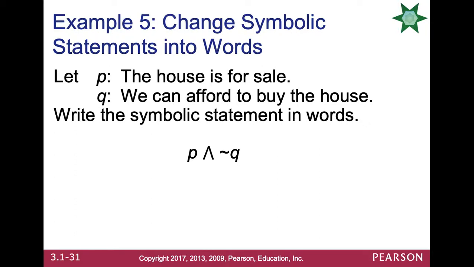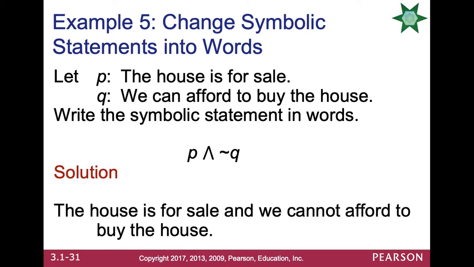So P and not Q. That's written as the house is for sale and we cannot afford to buy the house. So the true statement would have been the house is for sale and we can afford to buy the house. But since we're negating Q, the house is for sale and we cannot afford to buy this house.